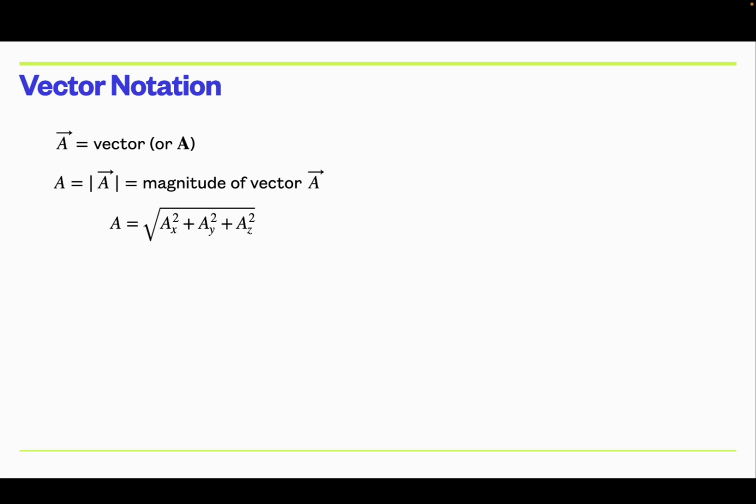If the symbol for our vector doesn't have the arrow above it, it means that's the magnitude of the vector, which you can calculate from its Cartesian coordinates using the Pythagorean theorem. Unit vectors have hats. So a unit vector wearing this little hat is the vector divided by its magnitude. So this is a vector that has unit length and points in the direction of the original vector.